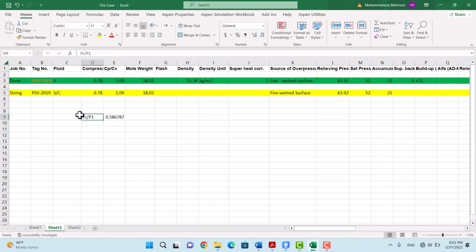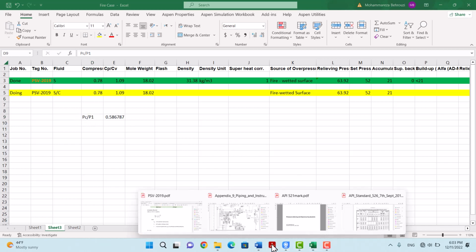Now I need to calculate the critical flow nozzle pressure.